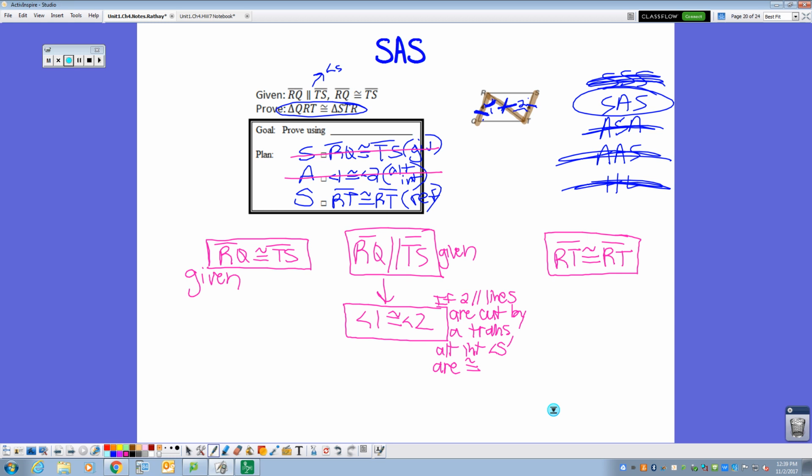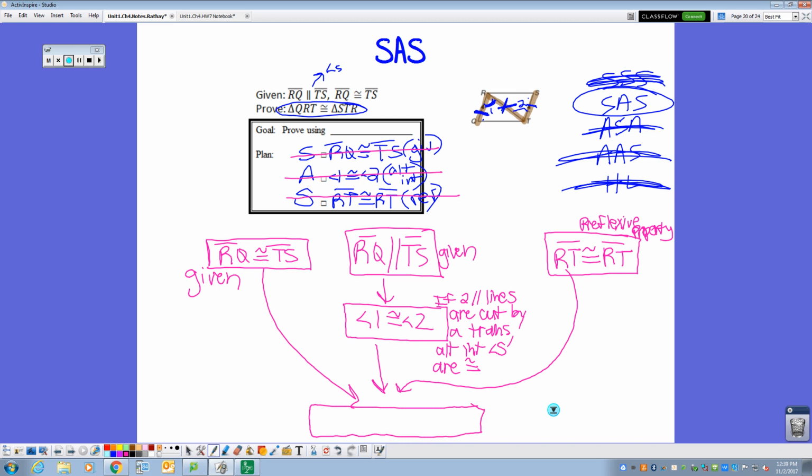It actually might be nicer to say RT congruent to TR, so that you're naming them appropriately, but for sides, it is acceptable to just say RT congruent to RT. It's triangles where the order really starts to matter. Third branch done. If the third branch is done, that means I'm done. I have 3 branches. If I have 3 branches, I'm ready to wrap it up.